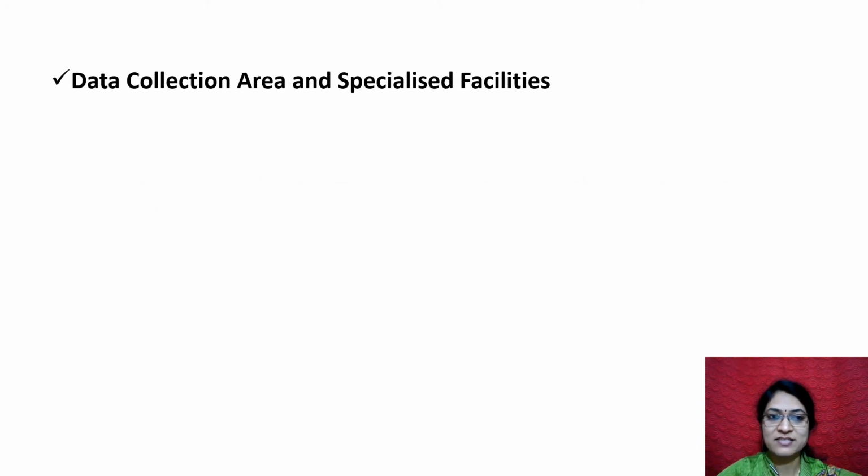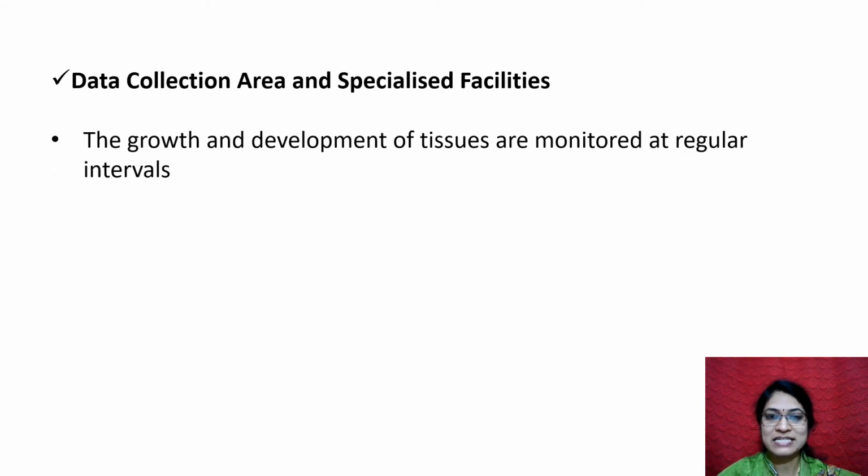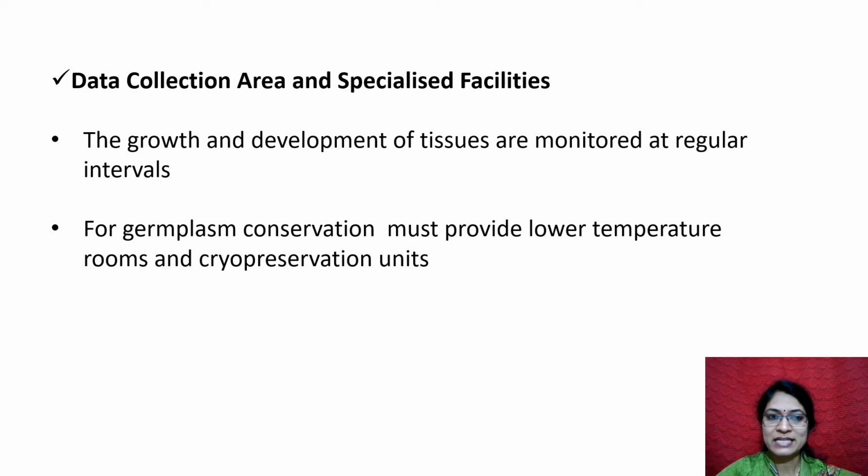The next facility is the data collection area and specialized facilities. In this area, we have to collect the data of the culture tubes. After inoculation, we must note down the nutrients which we are adding, what temperature we are maintaining, what is the humidity, and what is the pH we have maintained.